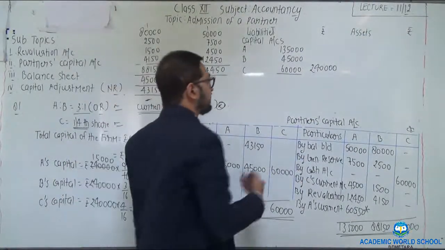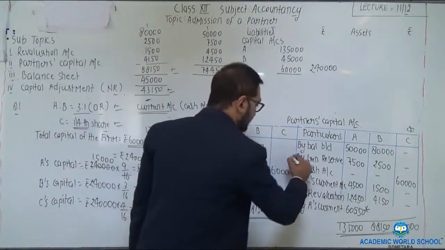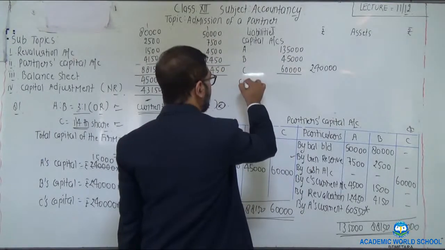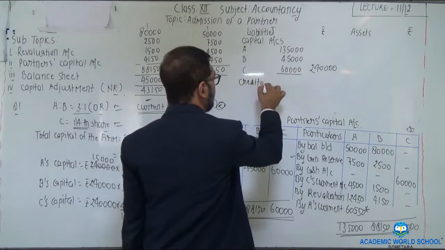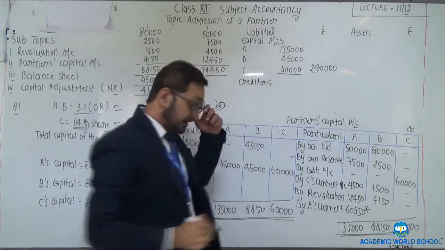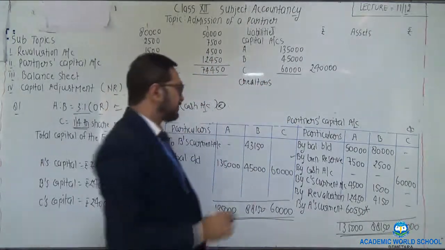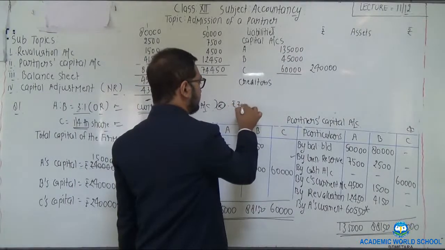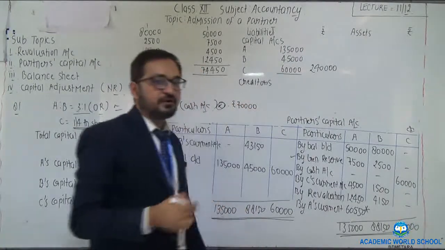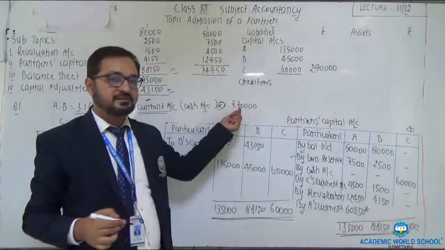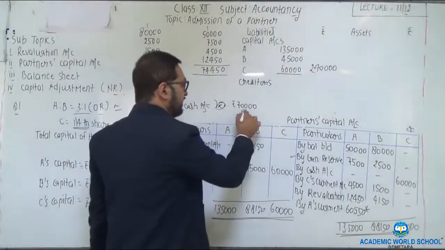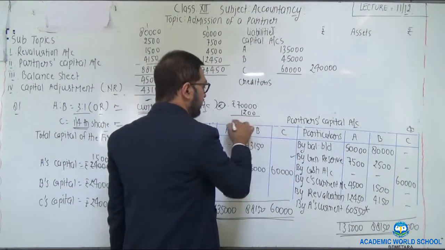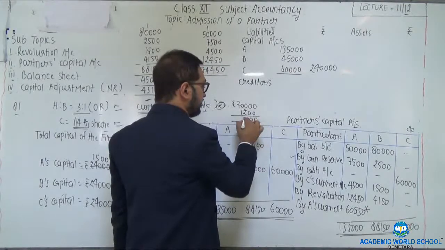One more item is there, that is general reserve. We have already distributed it in partners' capital. After that, one item is there, that is creditors. The amount of creditors previously was 70,000 and there was a profit against the amount of creditors of rupees 1,200. The firm need not pay 1,200 to the creditors.